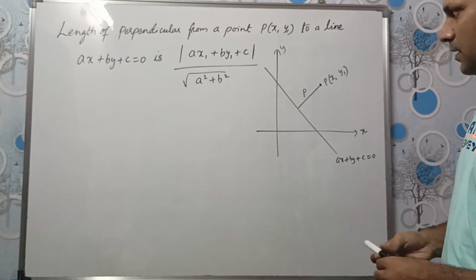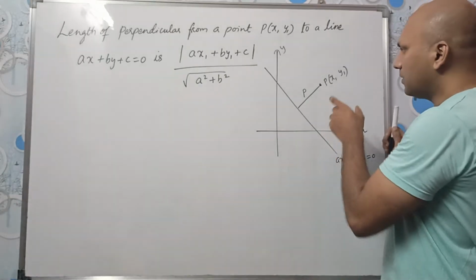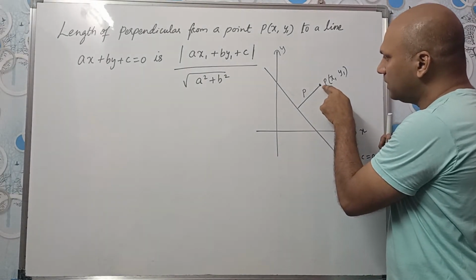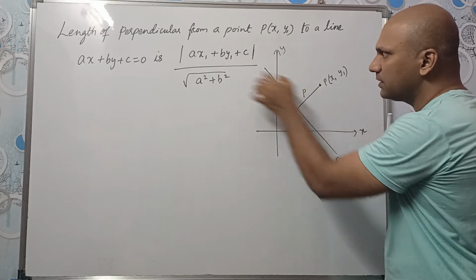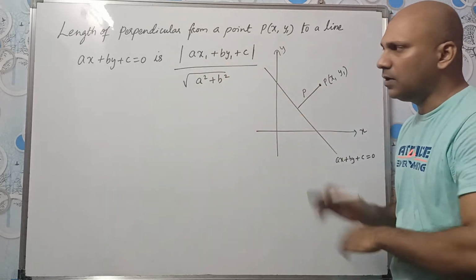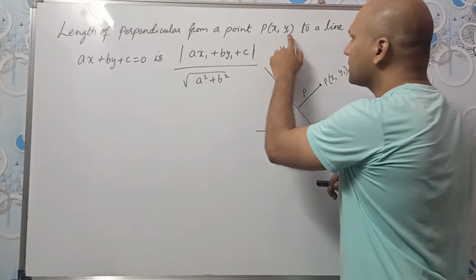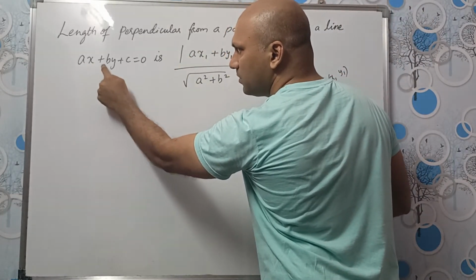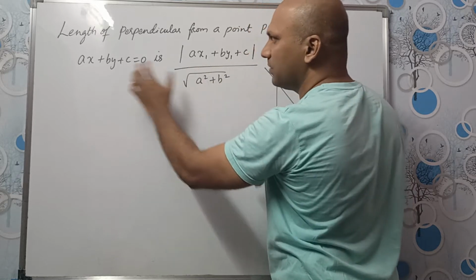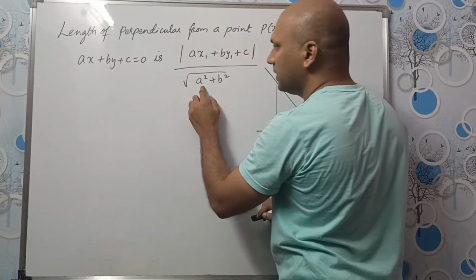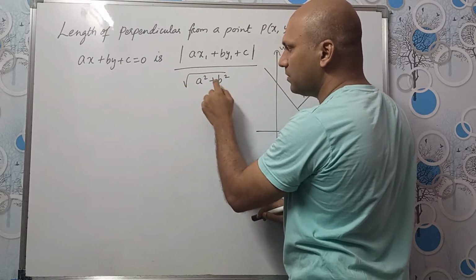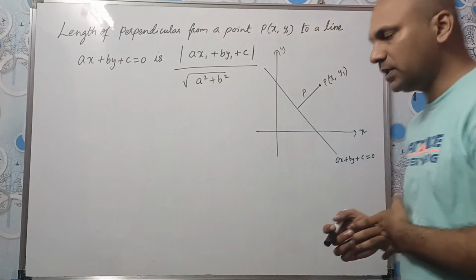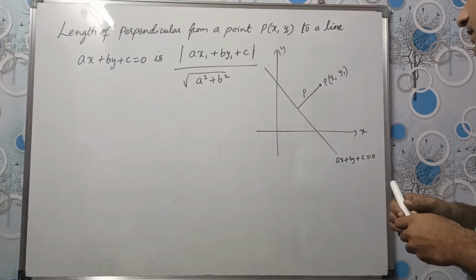Understand the concept: the length of the perpendicular from this point to this line is given by this formula. All you have to do is substitute x1, y1 in ax1 plus by1 plus c divided by the square root of coefficient of x squared plus coefficient of y squared. Let us derive that formula.